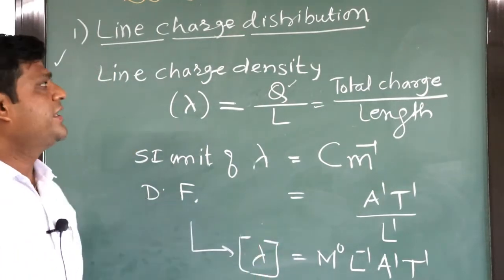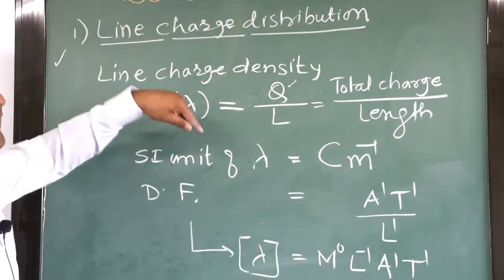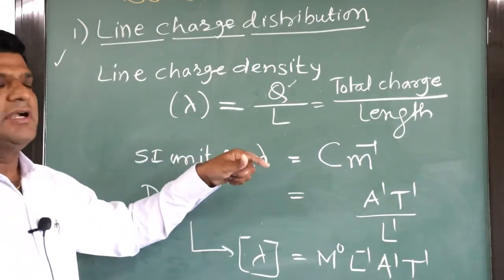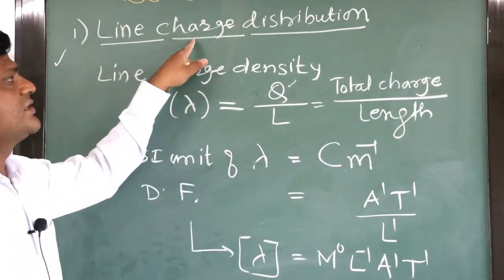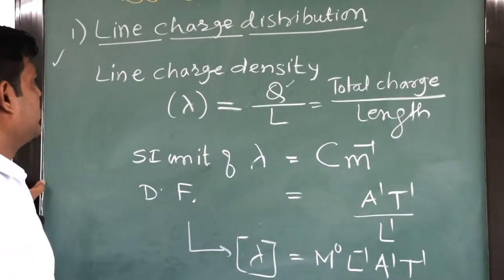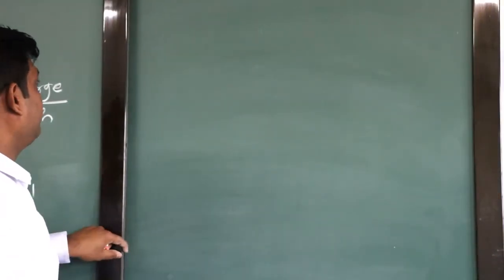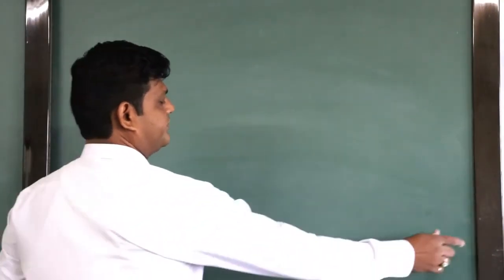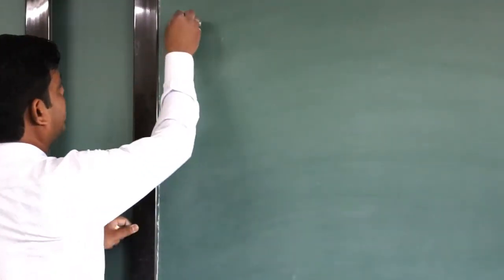Right. The next thing, the second type that we are going to discuss, is surface charge distribution. After the line, we will discuss surface charge distribution.